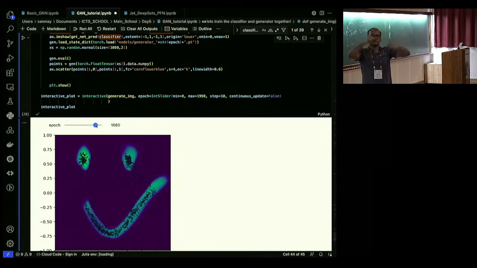In the min max, yes. Each epoch will have a backpropagation on the generator and discriminator.